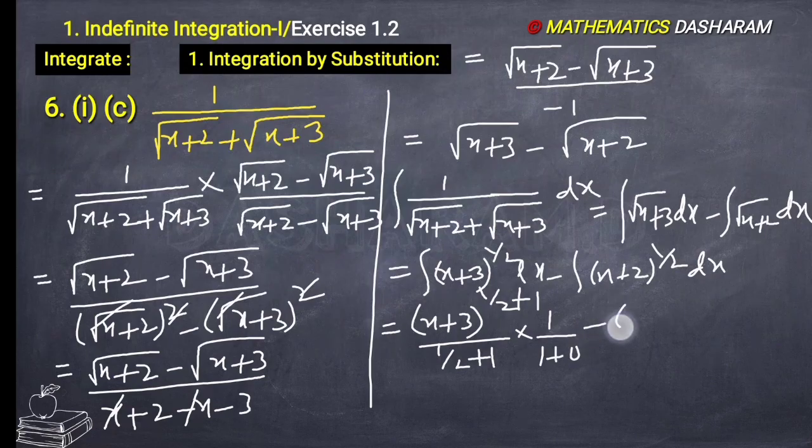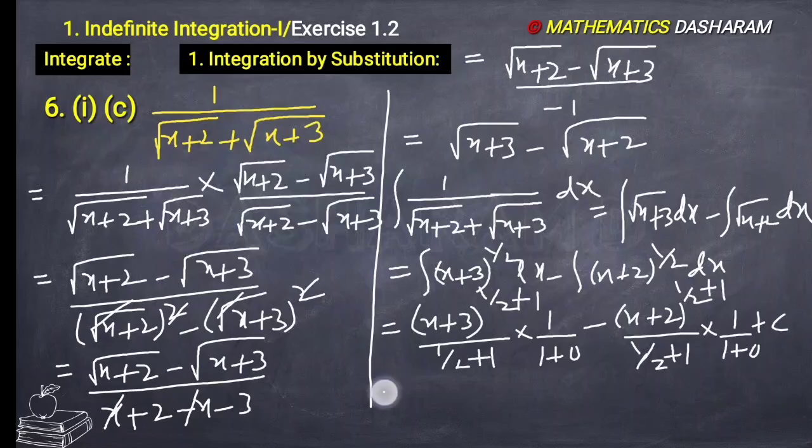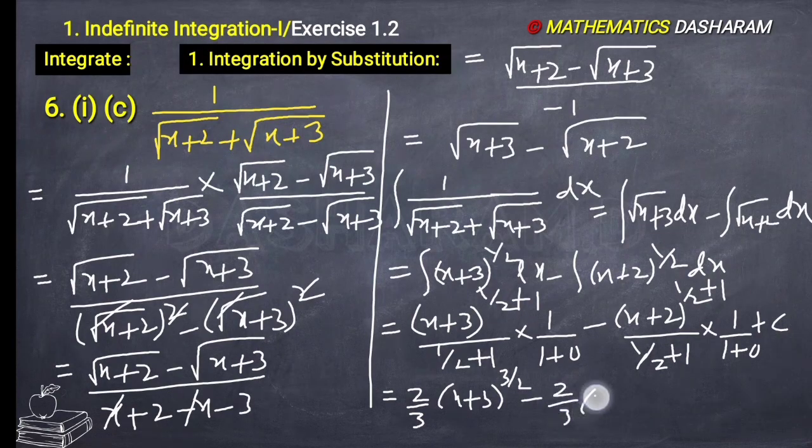Next same here also, (x+2)^(1/2). So it is equal to here 1 by 2 plus 1 is 3 by 2, then it will become 2 by 3 into (x+3)^(3/2) minus 2 by 3 into (x+2)^(3/2) plus c.